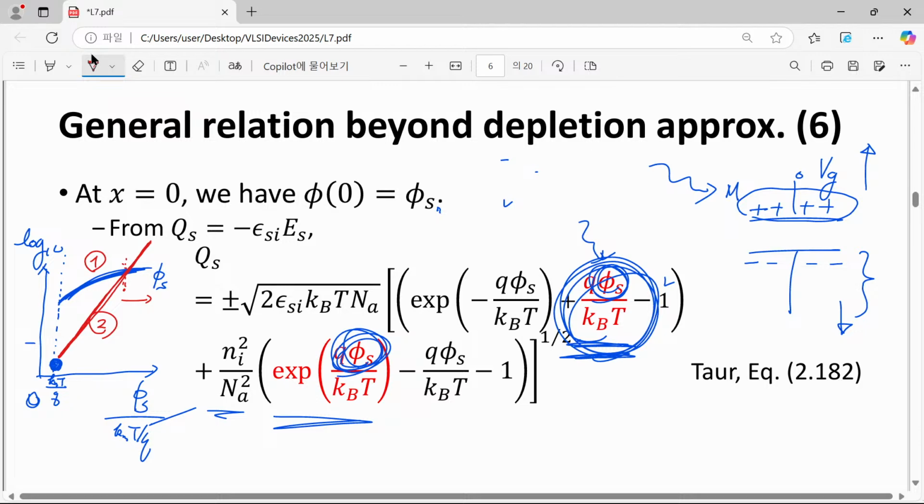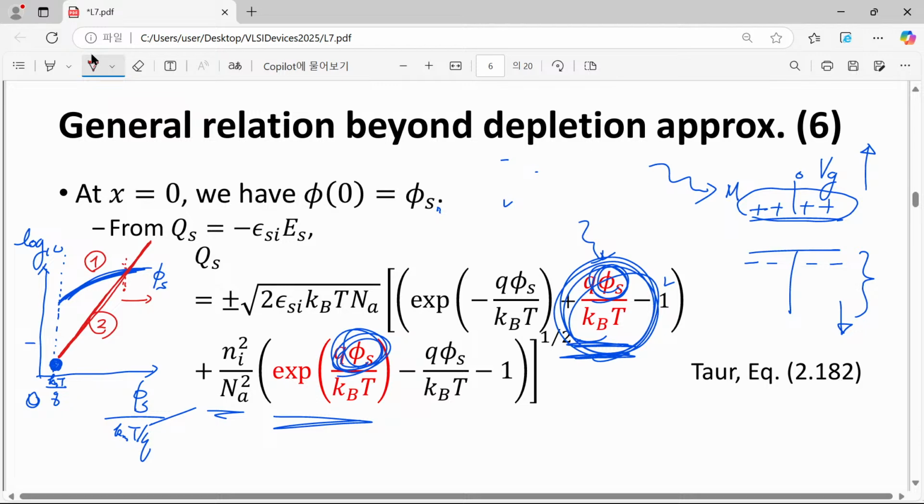The linear term corresponds to the depletion of your p-type substrate. Holes are depleted, so the dependency is really linear in a square-rooted way. And how about the second term, the exponential dependence? That exponential dependence corresponds to the contribution from electrons, inversion electrons.